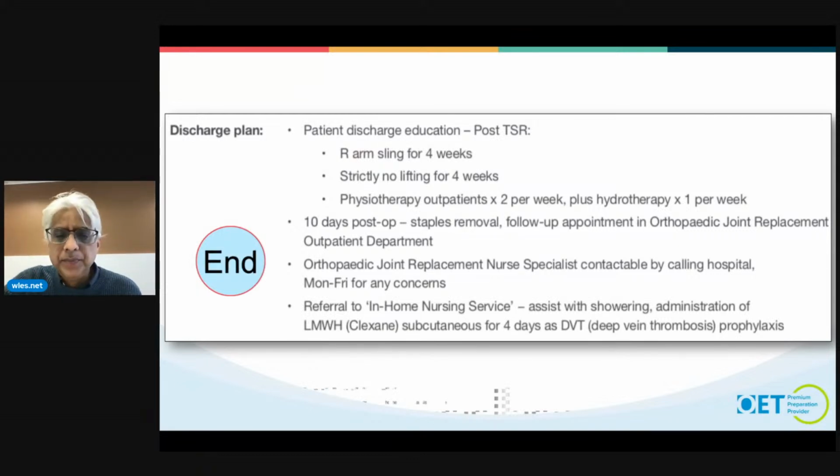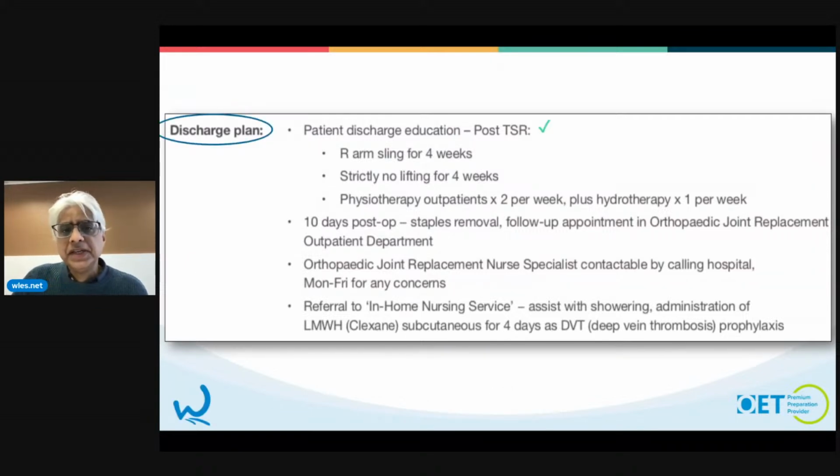Okay, I guess by now you can see that this is the really meaty stuff. This is the juicy stuff. This is really what we need to put in our letter. This is what the home nurse will be interested in.